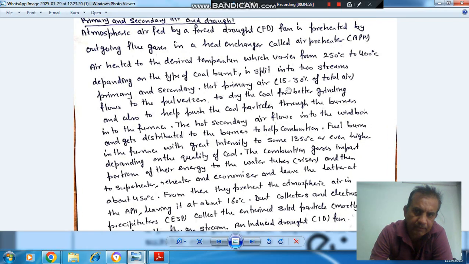Hot primary air, 15 to 30% of total air, flows through the pulverizer to dry the coal for better grinding, and also to help push the coal particles through the burner into the furnace. The whole secondary air flows into the wind box and gets distributed to the burners to help combustion.